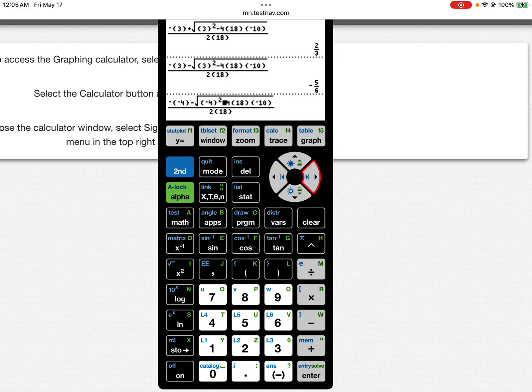Okay, and let's see, what was our a value? The a was just 1, wasn't it? I think the a was 1. Okay, I can go back and double check. And our c value, whoops, where am I going here?